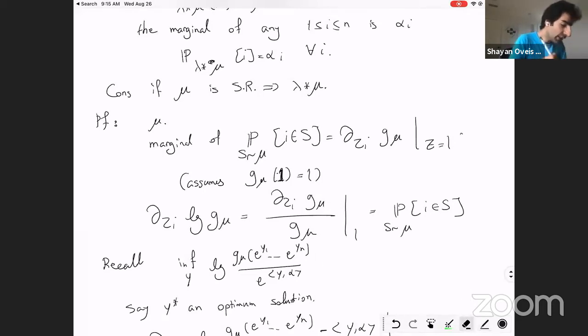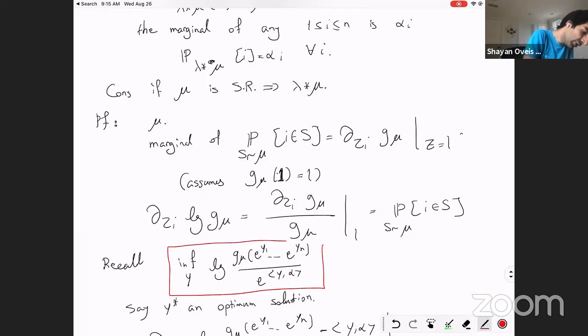Now there is a difficulty if the distribution mu, or in fact the generating polynomial g mu, is not real stable. You may have difficulty computing the optimum of this convex program, because to calculate the optimum of this convex program, you want to use some ellipsoid method or interior point method. You need to be able to evaluate this convex program at a given point, y1 up to yn, and also be able to evaluate the derivatives of it.